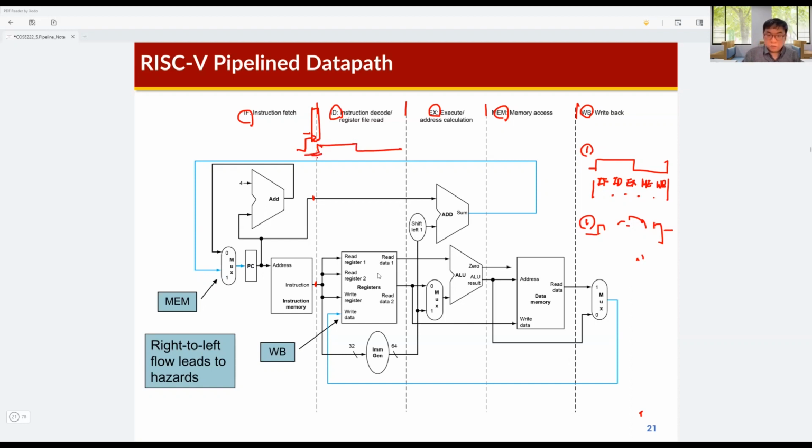And then during this clock period, this sampled result of the previous stage is propagated to the next stage. So this ID stage can receive the result of the instruction fetch stage at the rising edge of this clock period. So that is the basic implementation of the pipeline architecture.